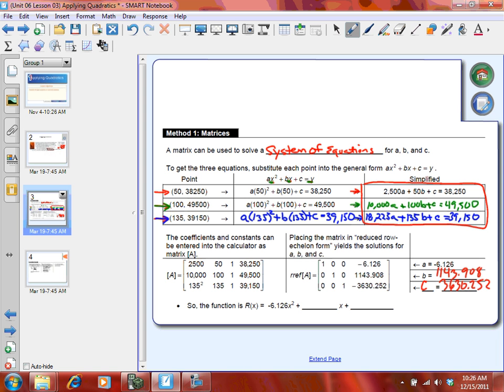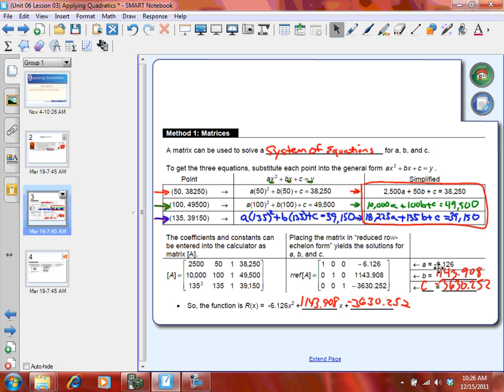Notice they've already got it started here. They already plugged in the first number, A. B is going to be that 1,143.908. And our C, our constant, is going to be the negative 3,630.252. And that is a negative.